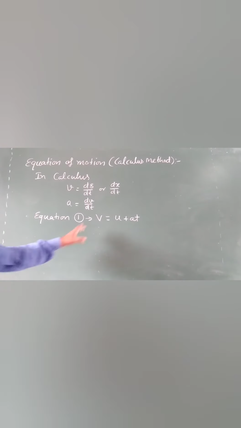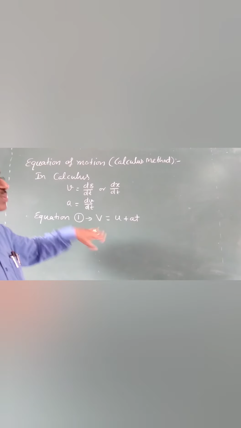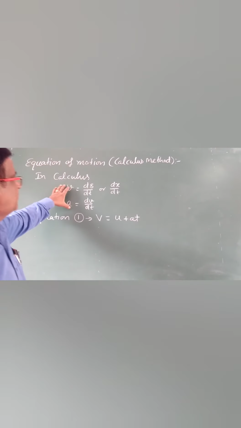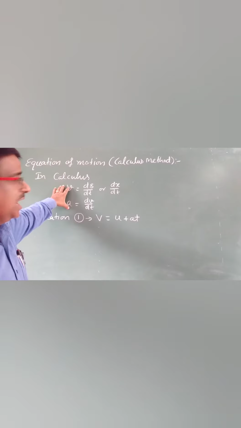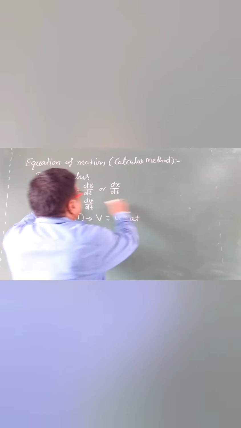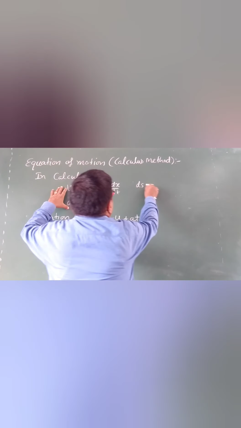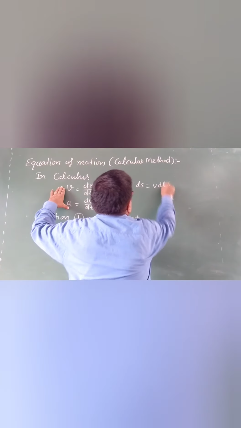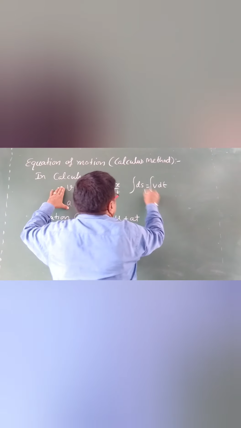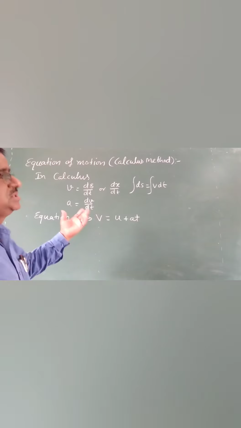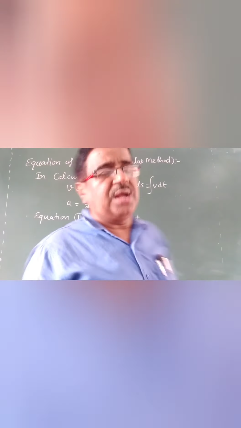How to prove this equation using calculus? This is differential calculus, and in integration, you write ds is equal to v into dt, and this is the integration. Where it is used, I will discuss that formula at that point.